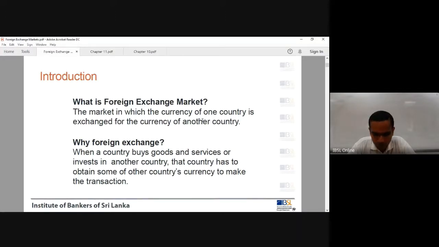If you want to import from the US or any other country, or if you want to invest in another country, you will have to use foreign exchange. You will have to invest in their own currency. You can't invest in Sri Lankan rupees. When a country buys goods and services or invests in another country, it has to obtain some of the other country's currency to make the transaction.